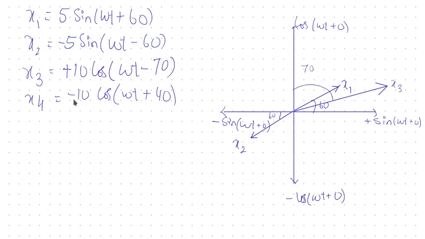And x4 will be leading the minus cosine base vector by 40 degrees. This is our minus cosine vector and it's leading, so we'll go counterclockwise by 40 degrees. We should also keep in mind the magnitude, in which case it will be something like this, and this will be x4.